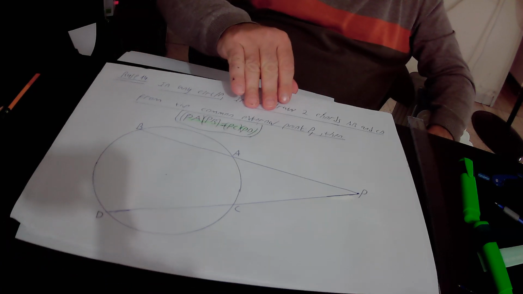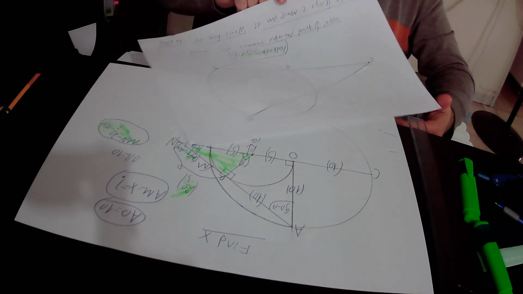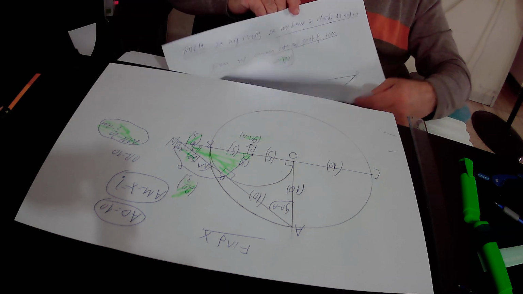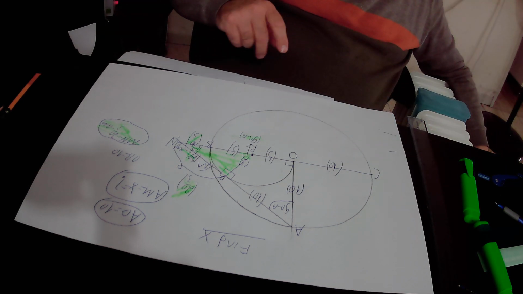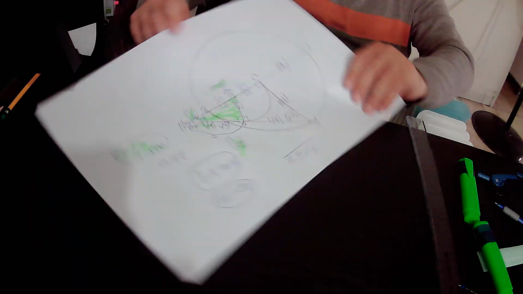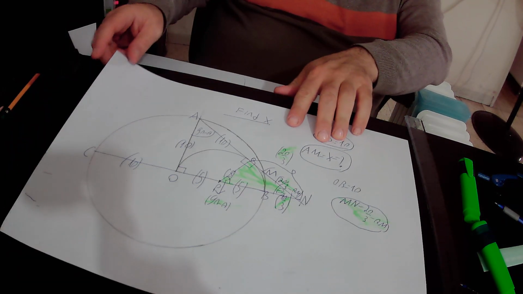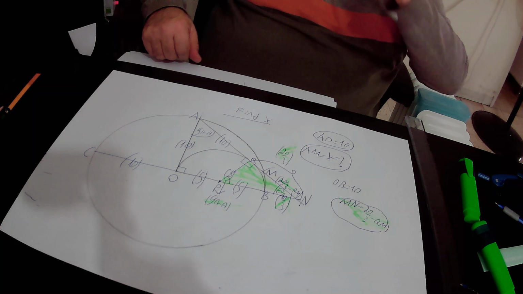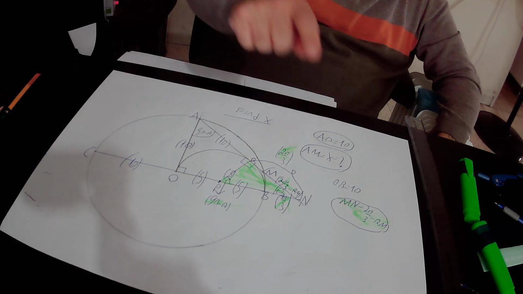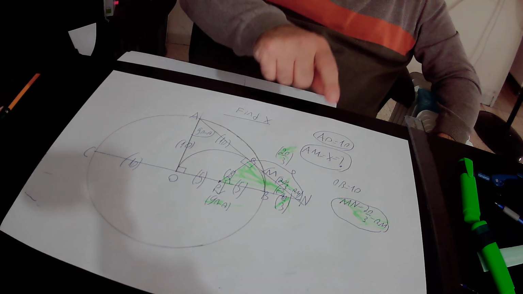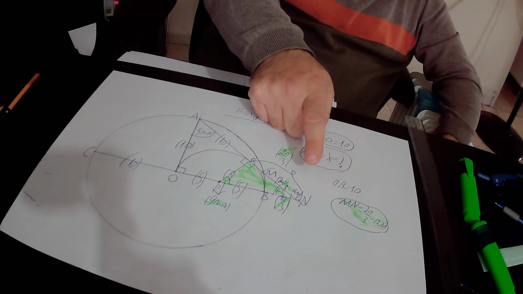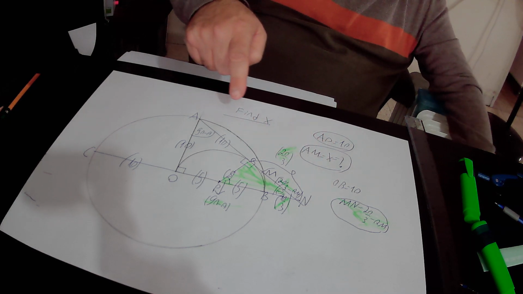We can actually implement rule number 14 in our drawing. Why? Because in our drawing, we have the common point N. From the common point N, we have two chords inside the circle.